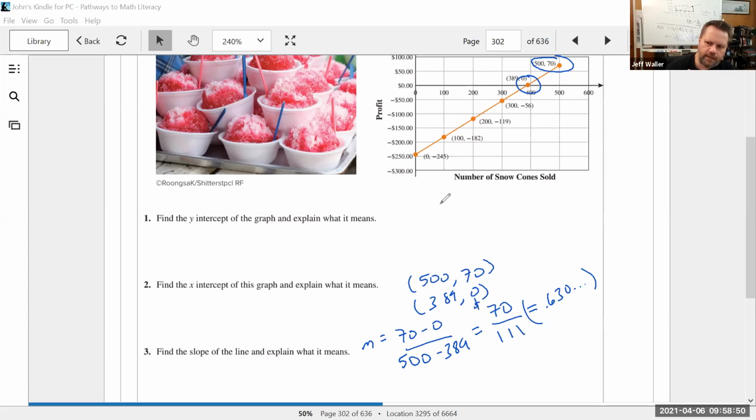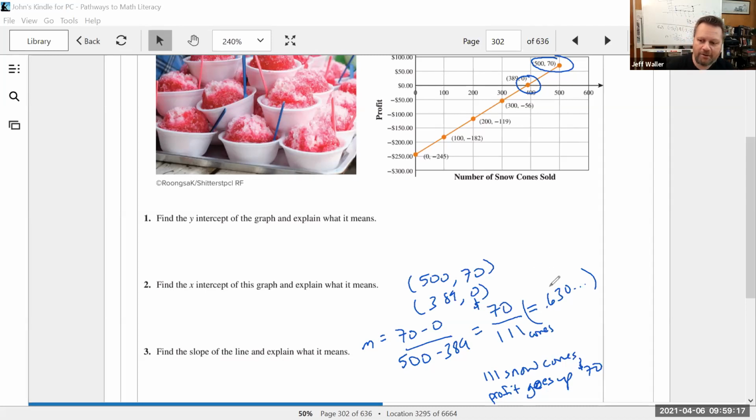And of course the x-axis down here, these are snow cones. So for every 111 snow cones, how much money do I make? Profit goes up by how much? $70. So every 111 snow cones, I make another $70.